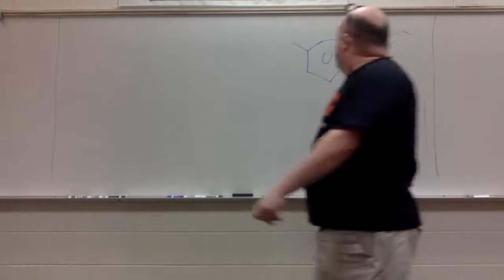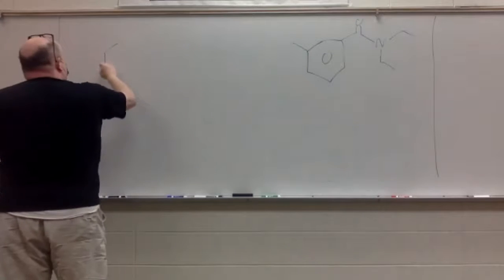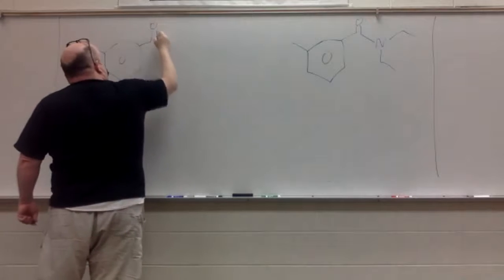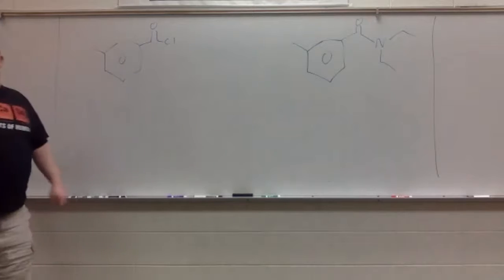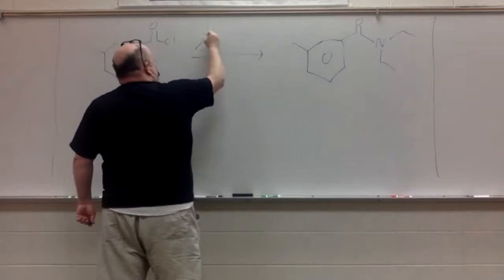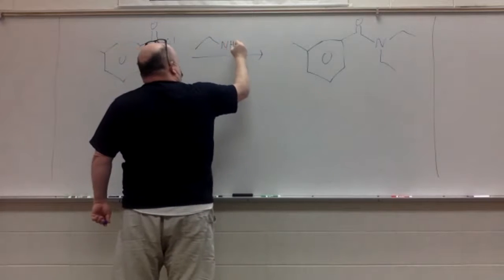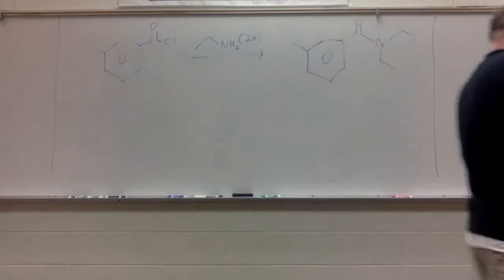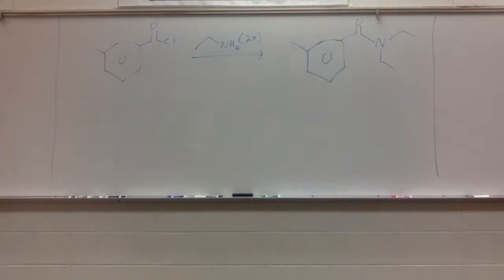Commercially, DEET is made from this acid chloride, using the same basic reactions that we've been doing. So there you go. There's a pretty neat little real-world application of this. I love DEET because mosquitoes are attracted to me something awful outside, so DEET is a lifesaver.